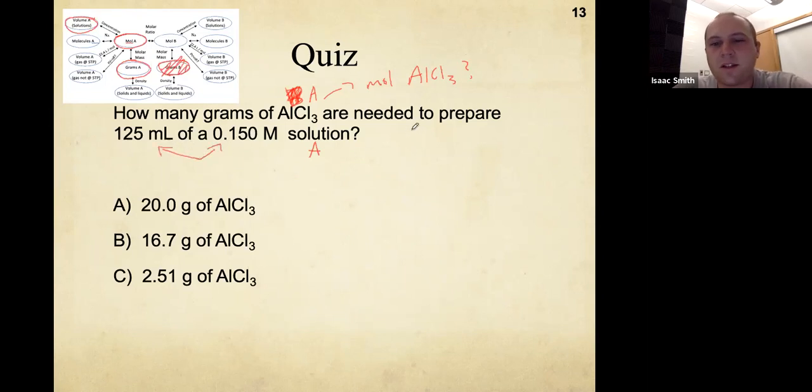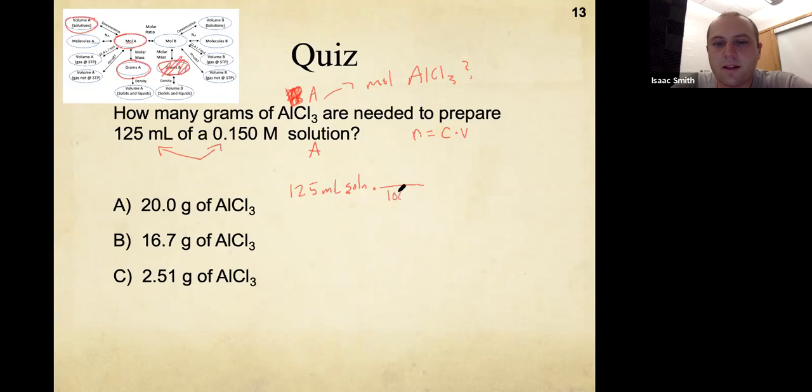So the equation you could use is n equals concentration times volume, if you want to use the formula. The way I would do this problem is say I'm starting out with 125 milliliters of solution. I'm going to convert my milliliters to liters because that's the unit in molarity.